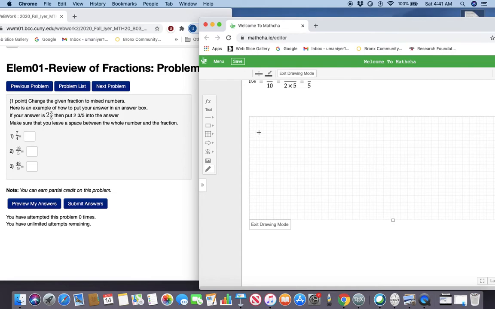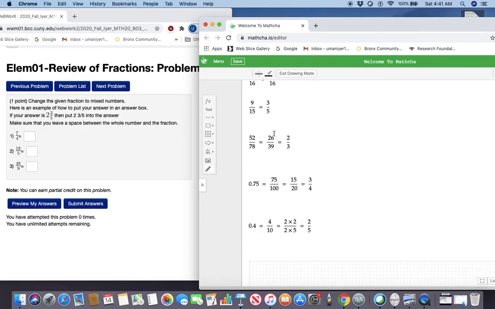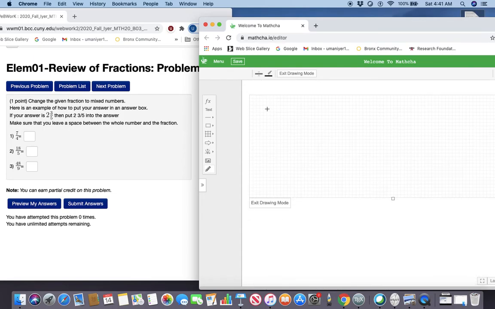7 over 4. The way you approach is you have to do long division, right? Until you get good at it, do this by long division. How many 4s go in 7? 4 times 1 is 4, and you are subtracting, you are left with 3.